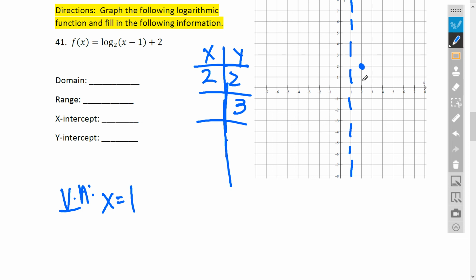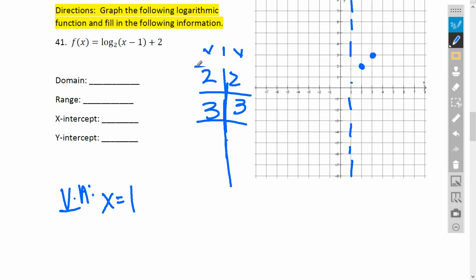So I want to plug in 3, because log base 2 of 3 minus 1 plus 2 is log base 2 of 2 plus 2, so 1 plus 2. So my next point is 3, 3.